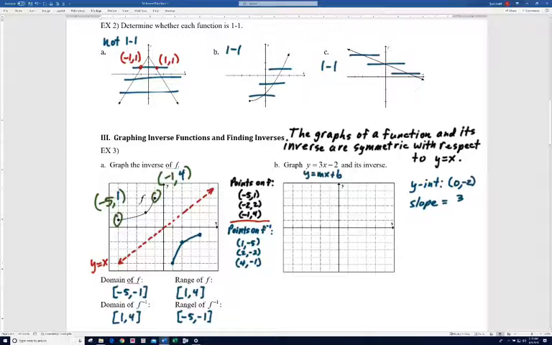Since we're applying the slope, we want to write that as 3 over 1. Remember, it's rise over run. So we're going to start at (0, -2), and we're going to go up 3 and right 1. That puts us there. And then we can do it again, up 3 and right 1, and we end up there. I'm just getting an extra point here.